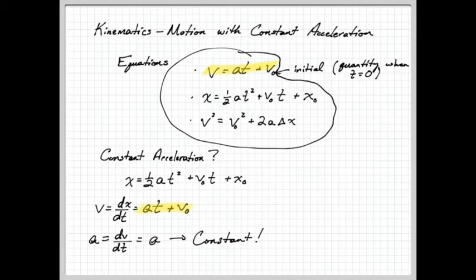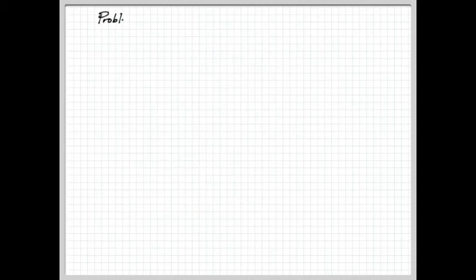Okay, so let's do a quick little outline of how we would use these equations to solve a problem. If you're problem solving with kinematics, there's a couple quick steps we can get comfortable doing, especially at first.